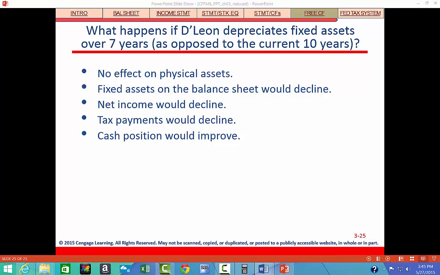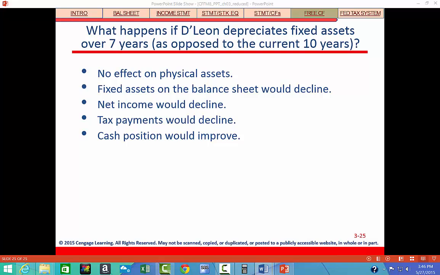And then another question is, what happens if they depreciate fixed assets over 7 years as opposed to the current 10 years? This would have no effect on the physical stock of the assets, but the balance sheet account for net fixed assets would decline because accumulated depreciation would increase by depreciating assets over 7 years versus 10 years.